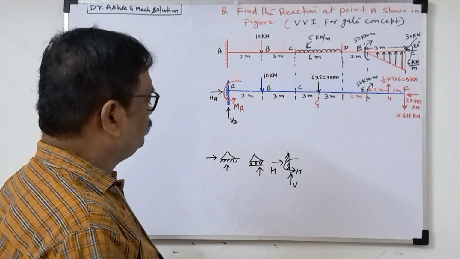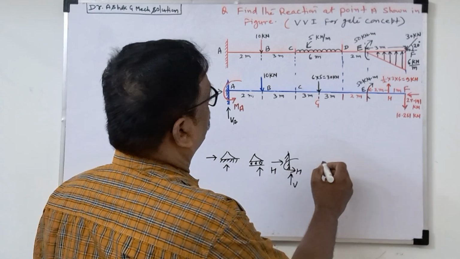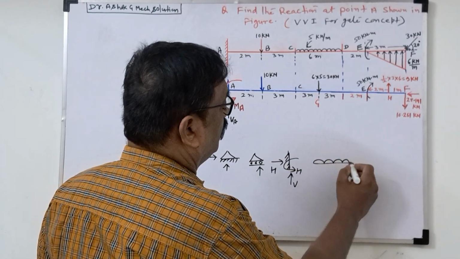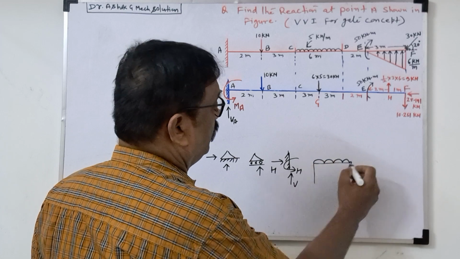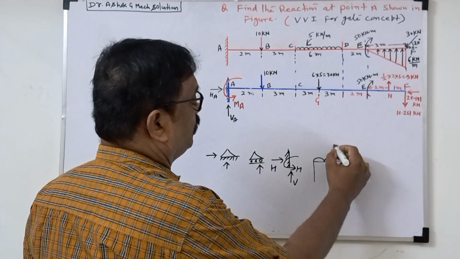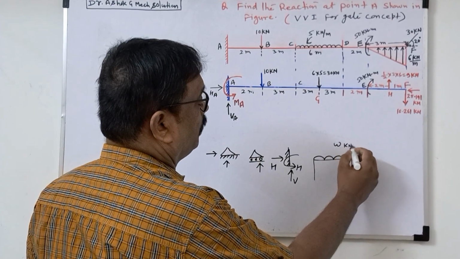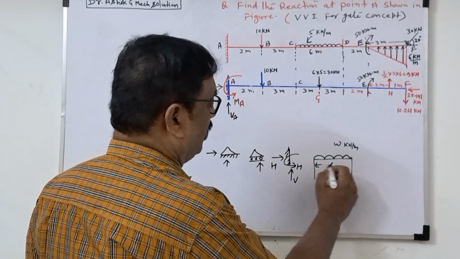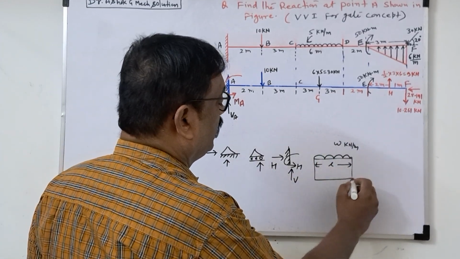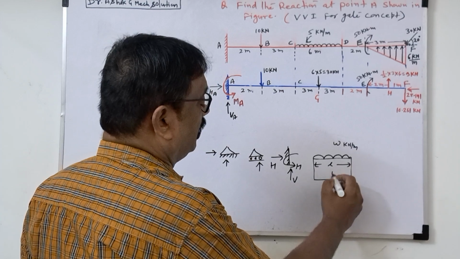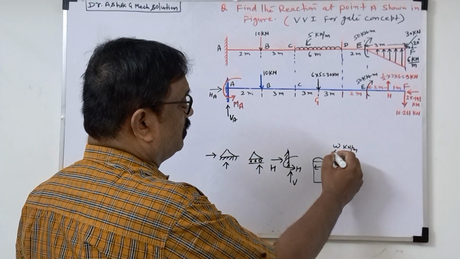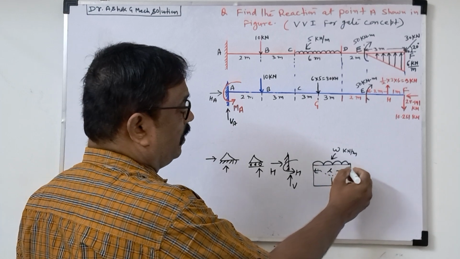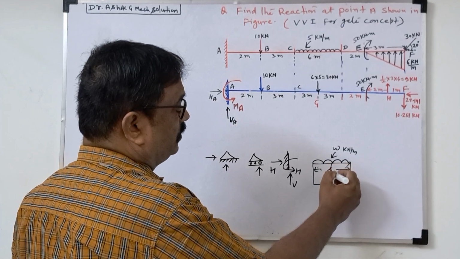Now, UDL. If a UDL is there, how do we draw the load diagram? Suppose this is W kilonewton per meter, that means per unit length, and suppose the length is L. If you draw the load diagram, the load will act in the middle, because due to this UDL, deflections will come this way, so maximum deflection will be in the middle.